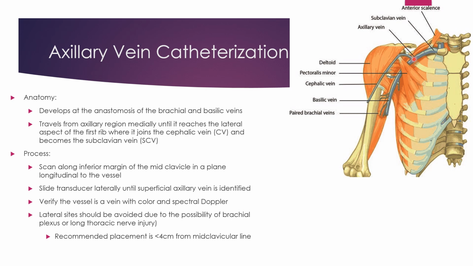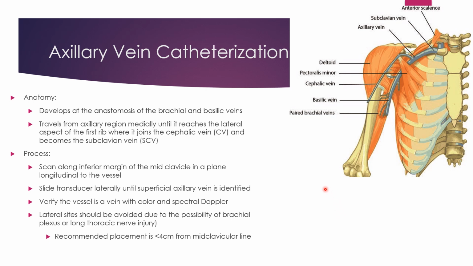After that anastomosis, we call it the subclavian vein, and again that subclavian vein is going to meet up with the jugular, creating the brachiocephalic. The brachiocephalics of both sides join together to produce the SVC.